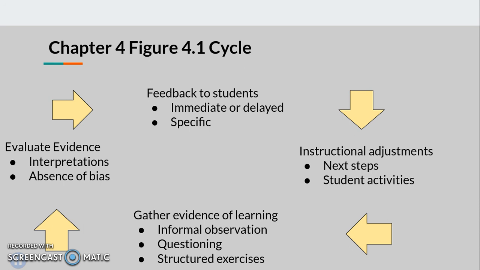Then lastly, evaluate evidence, interpretations, absence of bias. It's always good to have students learn new things in a specific subject or to progress their learning. As an example, changing their learning while they're learning something new, because they see new relations in other assignments.